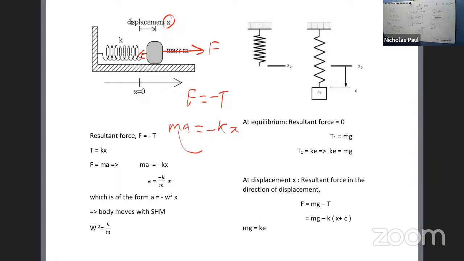If I bring across the m here, I'll get a is equal to minus K on m by x. What does that show? That shows that acceleration is proportional to minus x, which shows simple harmonic motion.